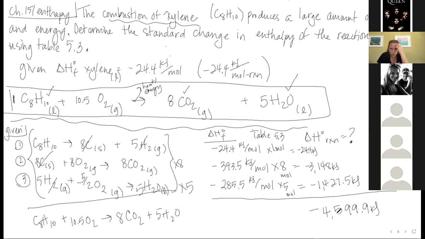I'm not sure where that error is coming from, but it should be 24.4 plus 3,148 plus 1,427.5 based on my iPhone math to give me this delta H standard of the reaction. So any questions about that?